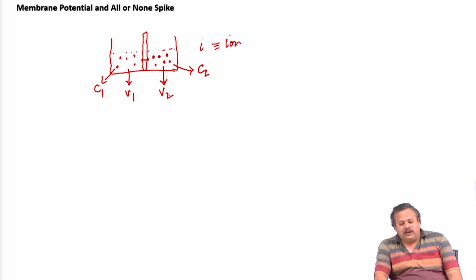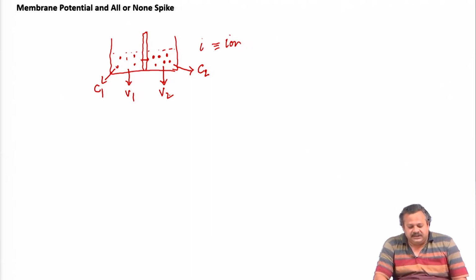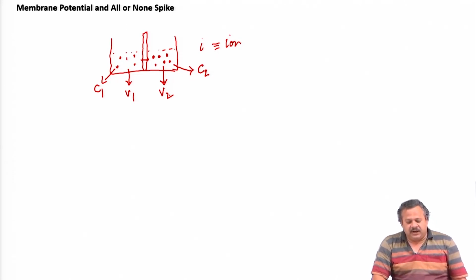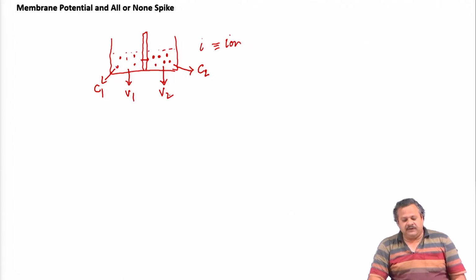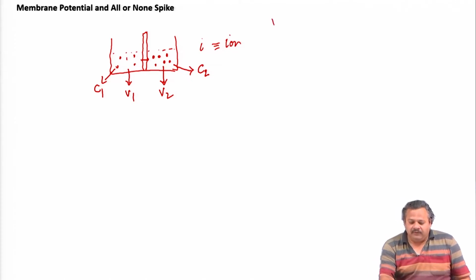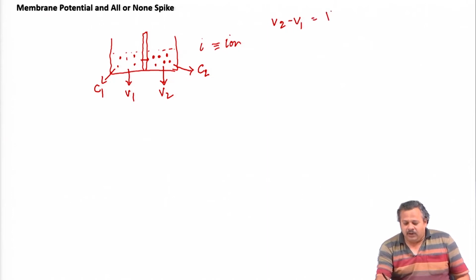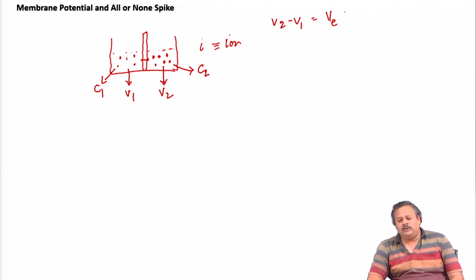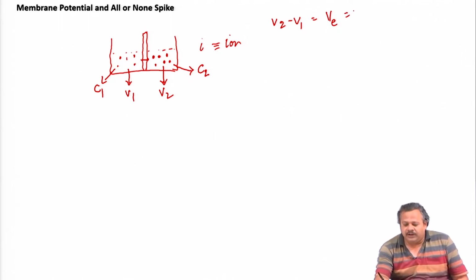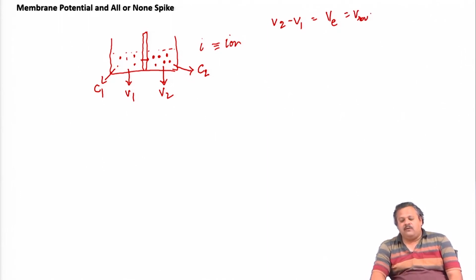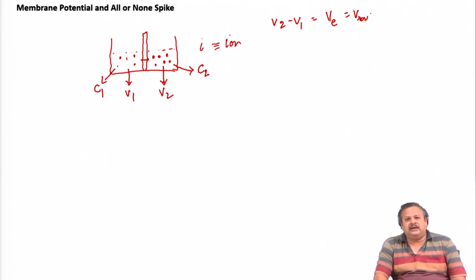So, if we let the ions sit in this aqueous medium, and the concentrations C1 and C2 are maintained, ultimately when the potential difference V2 minus V1 is equal to a particular V equilibrium, or what we will call the reversal potential, V rev or V EQ, for that particular ion, there will be no net current flow across the membrane.